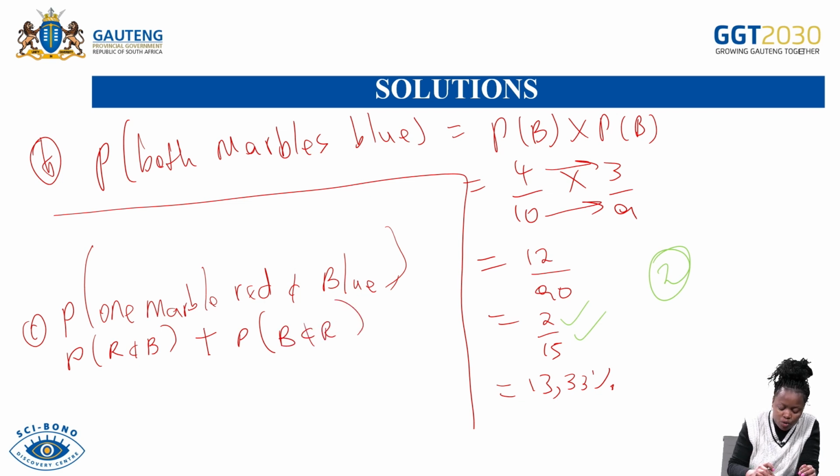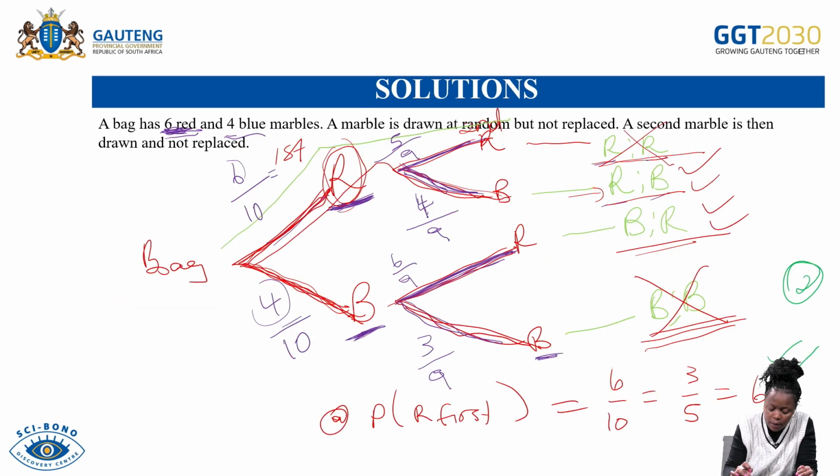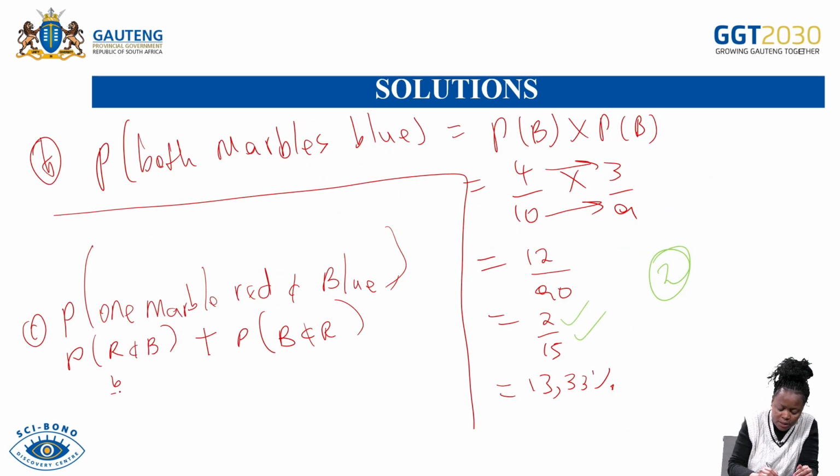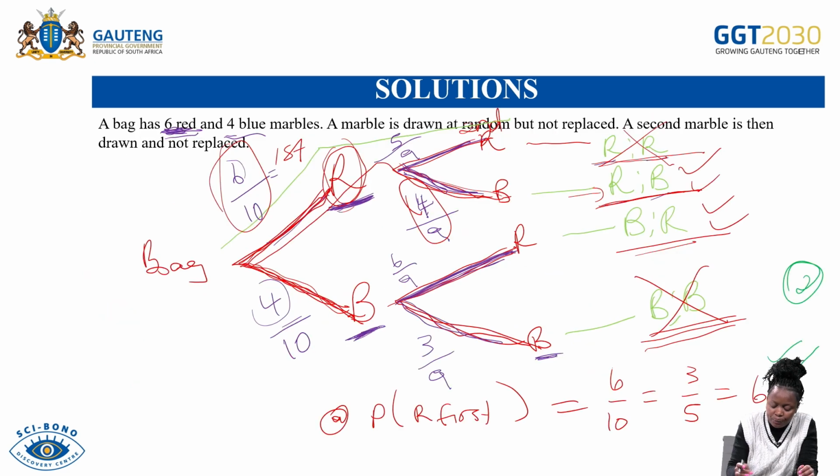So you go back to your diagram. So in your tree diagram, you've got the probability of getting a red marble and a blue marble. So that's going to be 6 all over 10 and the 4 all over 9. So it's 6 all over 10 times the 4 all over 9. And then plus the probability of getting the blue and a red marble. Okay, so you are going to say the 4 over 10 and the 6 all over 9.